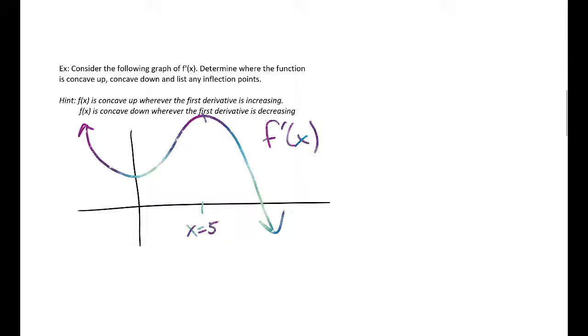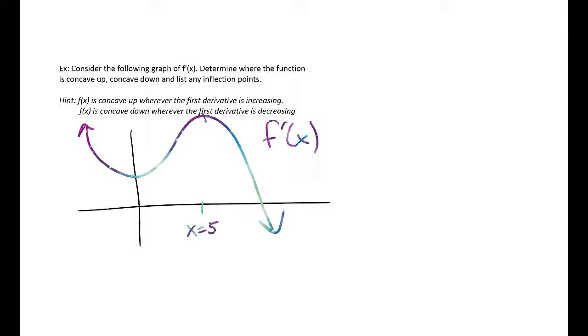Okay, same question, for what values of x are we concave up? Because this is not the original f of x graph, you just can't see that this first part of the graph is concave up and then it switches to concave down. No, this is the first derivative graph. So now instead, and this is what the hint is telling you, whenever we talk about the second derivative, we're talking about the derivative of the first derivative.